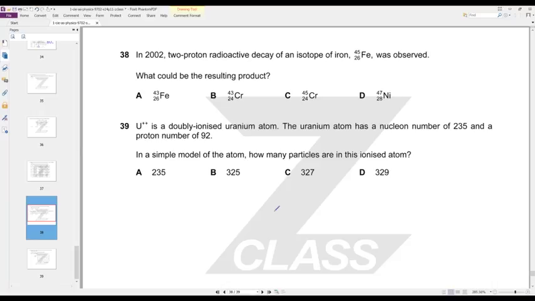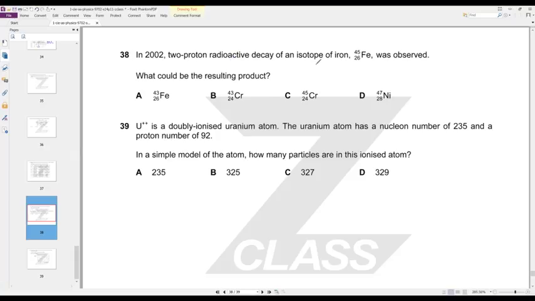2-proton radioactive decay of an isotope of iron was observed. What could be the resulting product? When they say 2-proton radioactive decay, I think we are assuming that we are losing 2 protons, which would mean you get chromium. Yes, so we're just losing 2 atomic number, but they're decaying into neutrons, is the idea, I think. No? No, okay, so we're actually losing 2 whole protons, just gone.